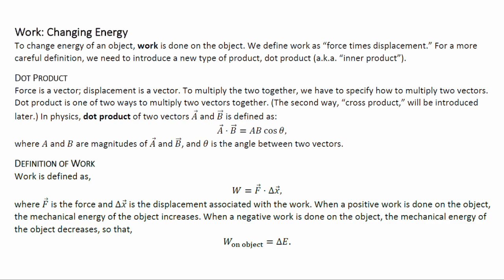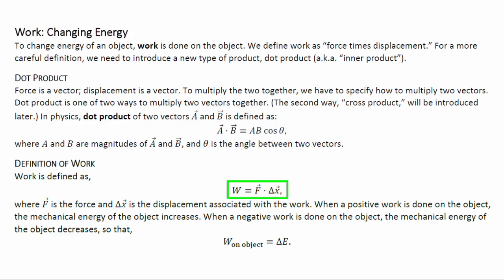We covered the dot product in the last lecture set. The dot product takes two vectors and gives a single number, a scalar. Using this mathematical operation, pronounced A dot B, we define work as F dot delta X. That is, force dot producted with the displacement.